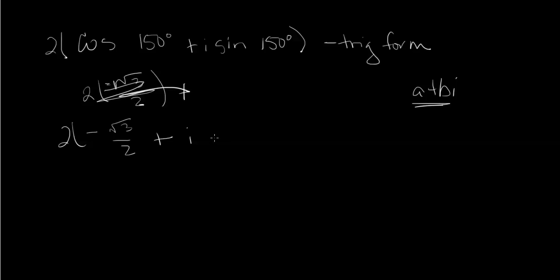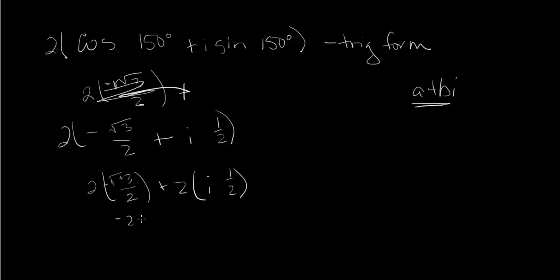Now I can distribute my 2. I have 2 times negative square root of 3 over 2 plus 2 times i times 1/2. This becomes negative 2 square root of 3 over 2, and this becomes 2i over 2. This and this cancel, so negative square root of 3, and this and this cancel, so I have plus 1i. And that is my standard form.